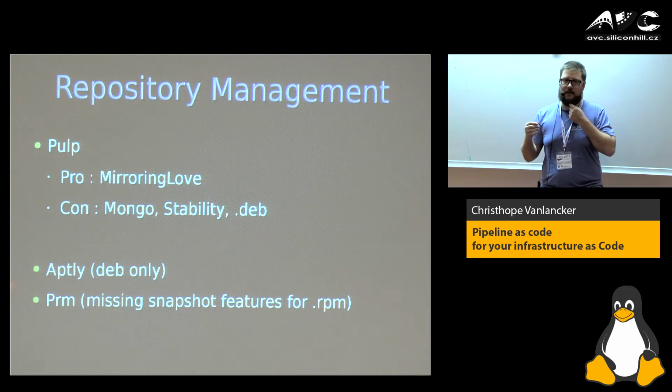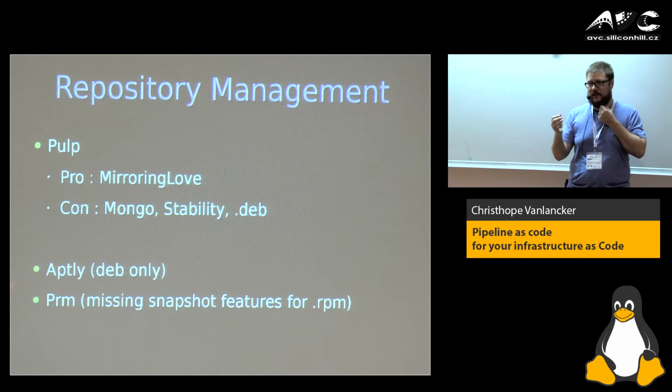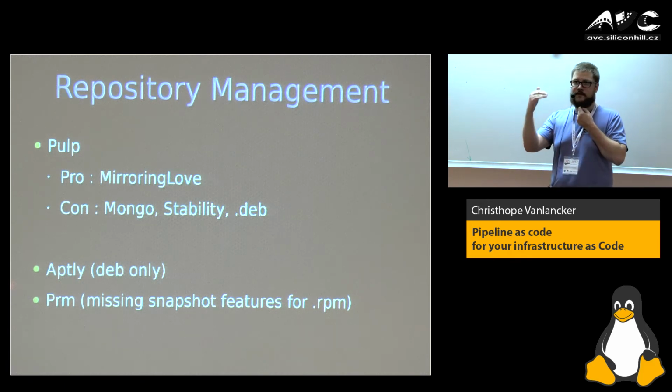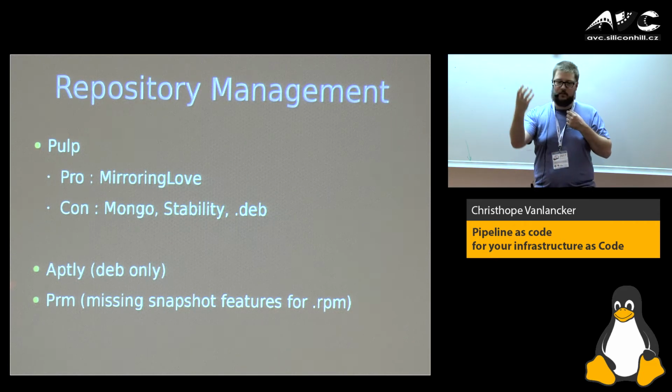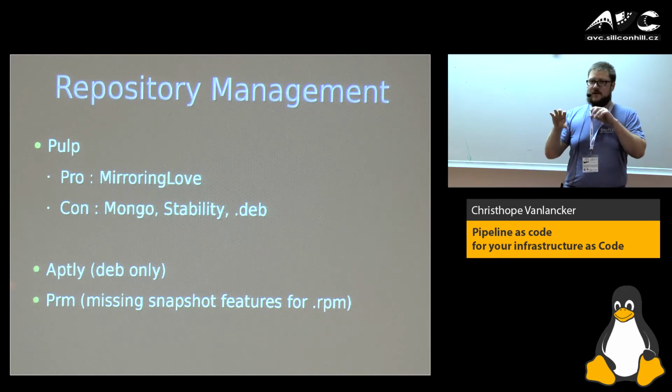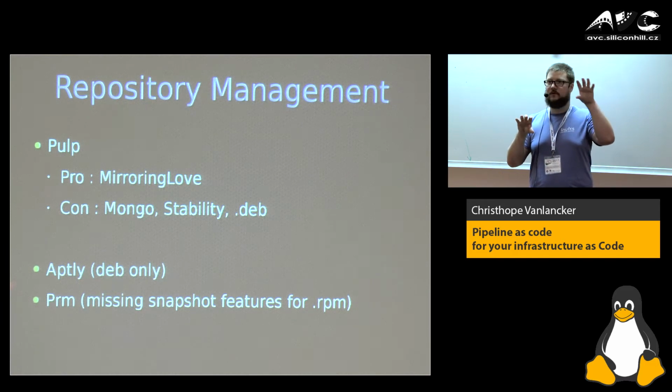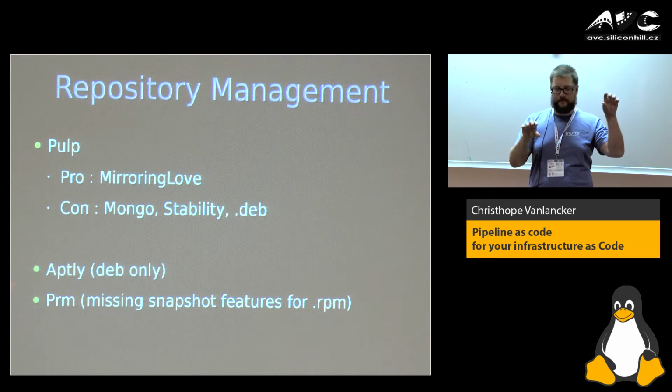So for example, you download the CentOS repositories, the base, updates, security, etc. You pull that once, and then you can make a snapshot of those for different environments. So you can have staged repositories.